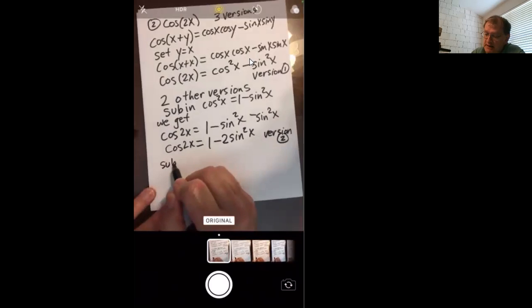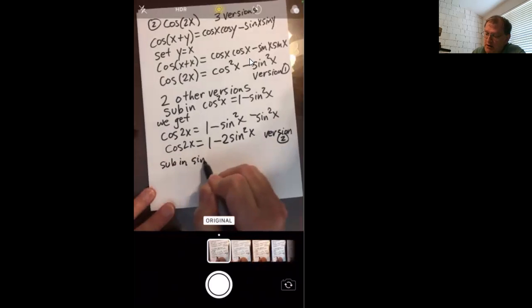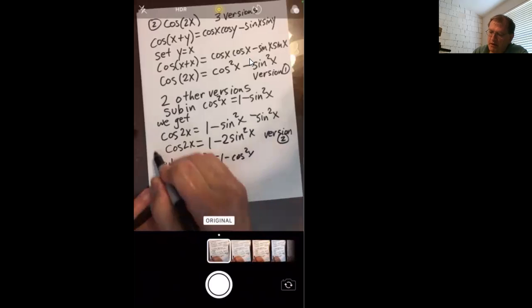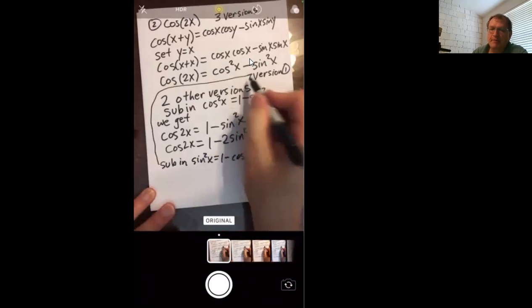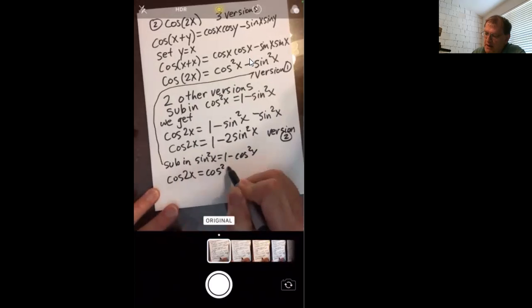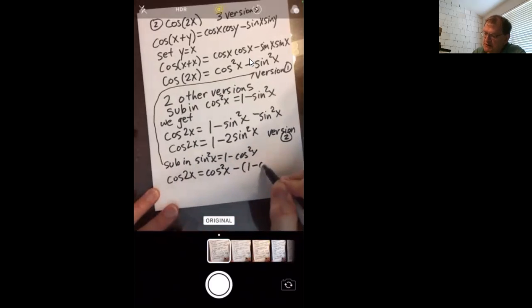Sub in sine squared equals 1 minus cosine squared up here. Cosine of 2x then would equal cosine squared x minus 1 minus cosine squared x.